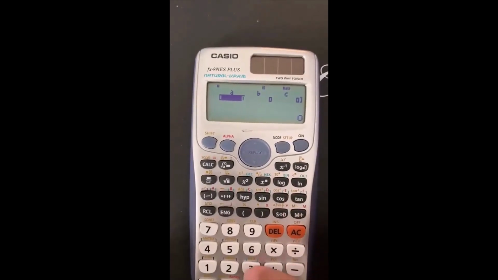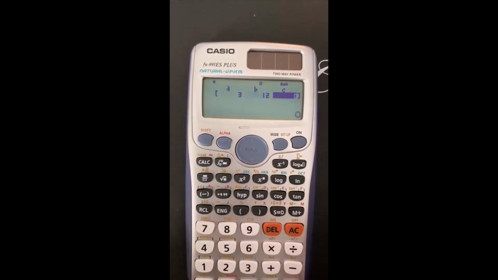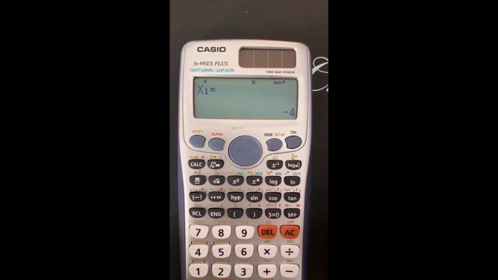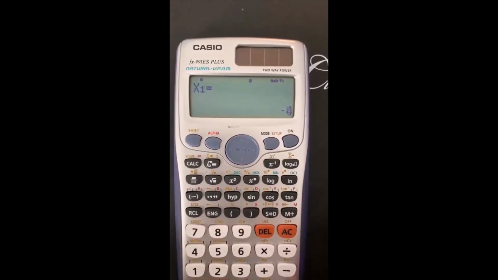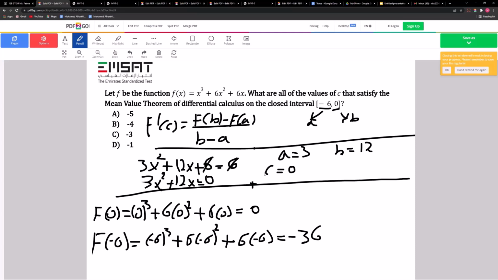Now A is equal to 3, B is equal to 12, and C is 0. Then we will get x1 equals -4, and x2 we will get 0.